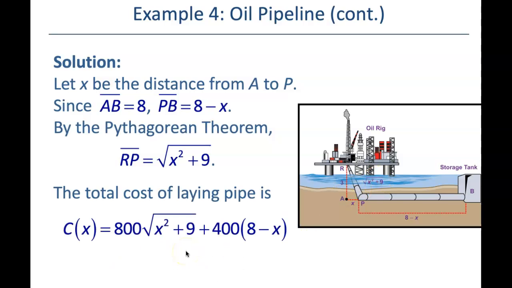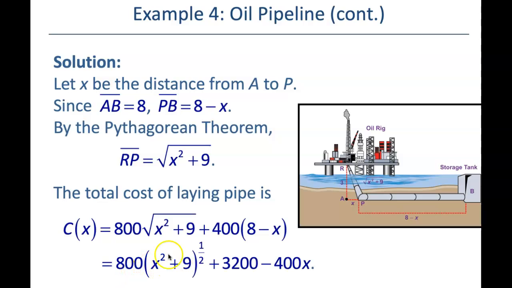And then, therefore, the total cost of the pipe is 800 for the pipe underwater, times the square root of x squared plus 9, plus 400 for the land pipe, which is 8 minus x is its length, and 400 is the cost per foot, or whatever it is, miles, I don't know.